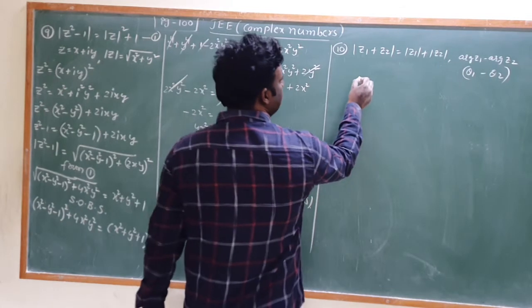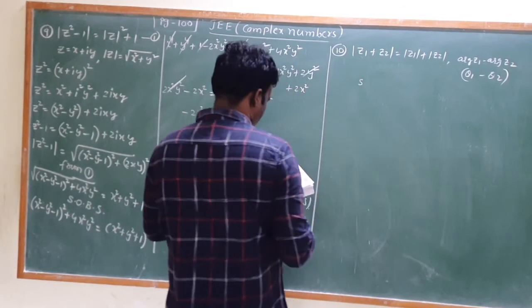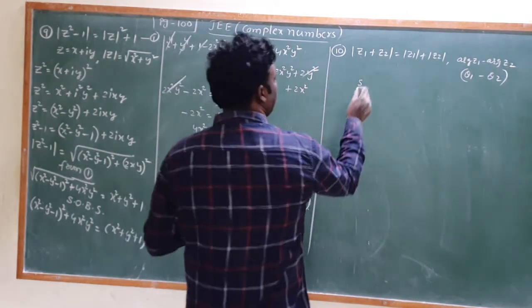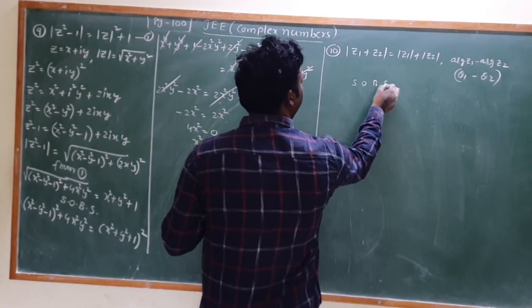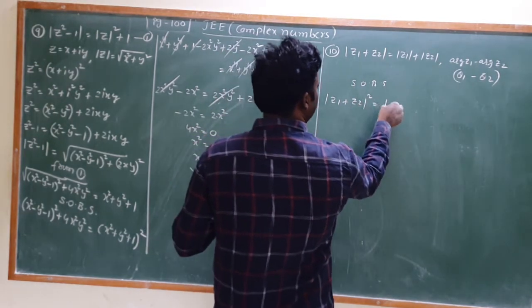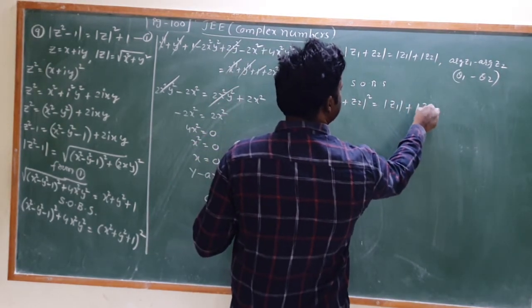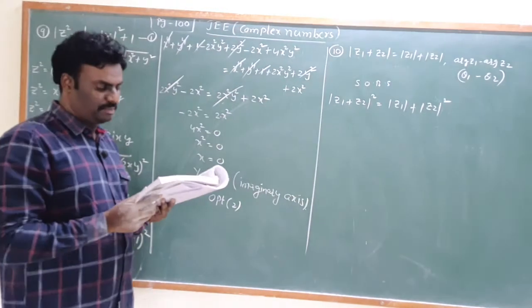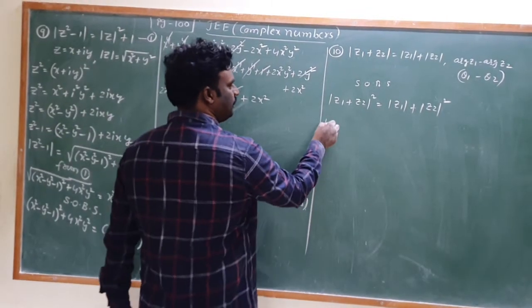Then squaring on both sides. Modulus of z1 plus z2 whole square equals mod z1 plus mod z2 whole square. What is the formula for modulus of z1 plus z2 whole square?